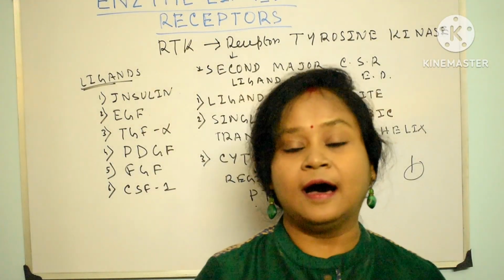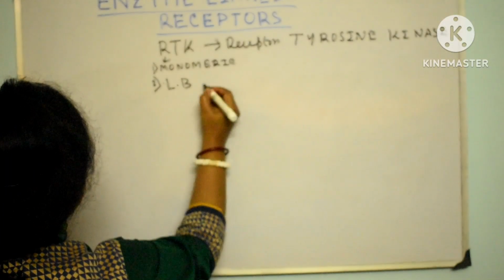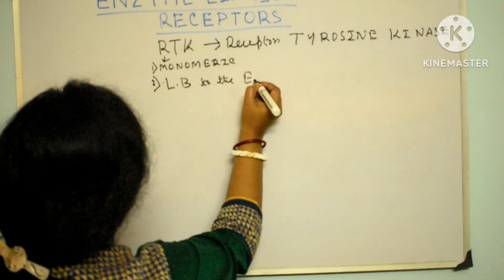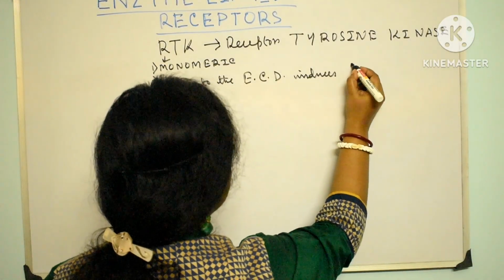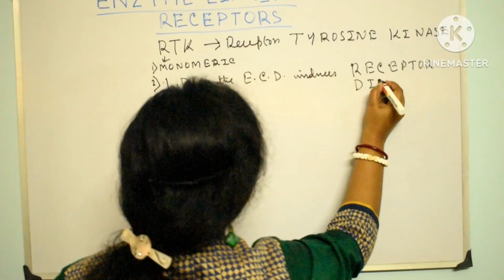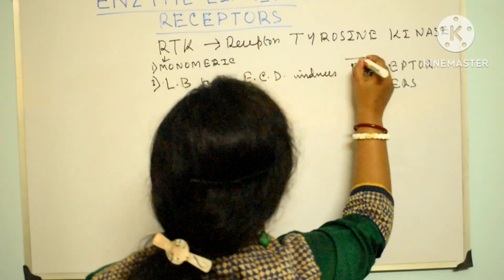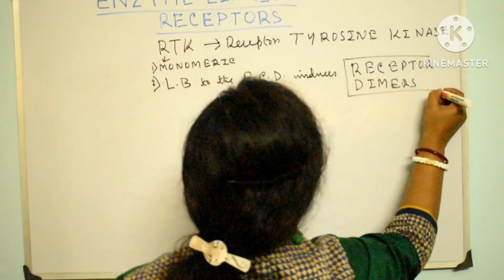Most RTKs are monomeric in nature. Binding to the extracellular domain induces formation of receptor dimers. Very important, receptor dimers.